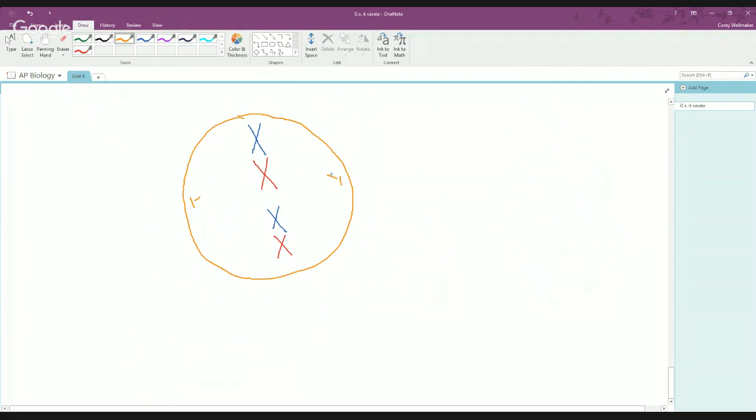But as far as I understand it, the role of the centrioles in animal cells is to basically mass produce microtubules. So you can think of a centriole as basically like a microtubule factory. These microtubules are going to reach out and attach themselves to the centromere, which is where the chromatids come together.